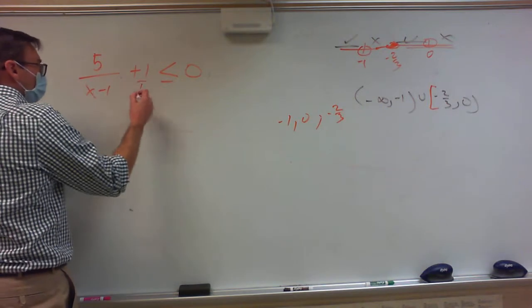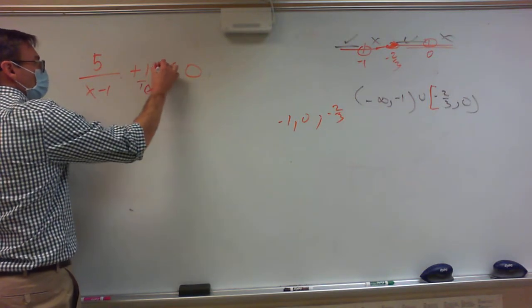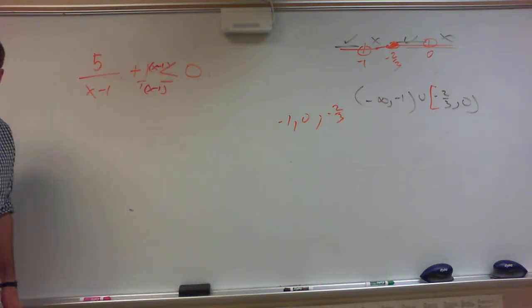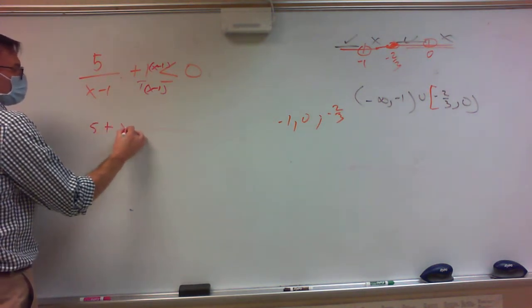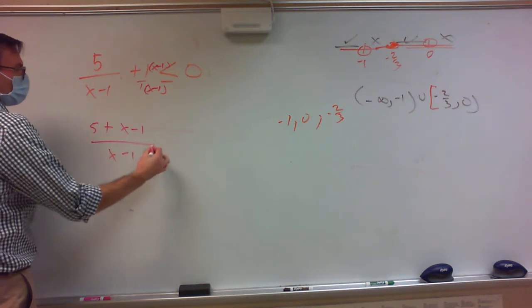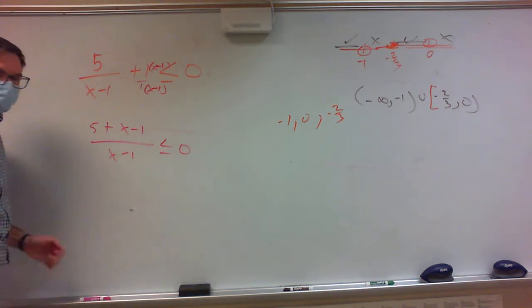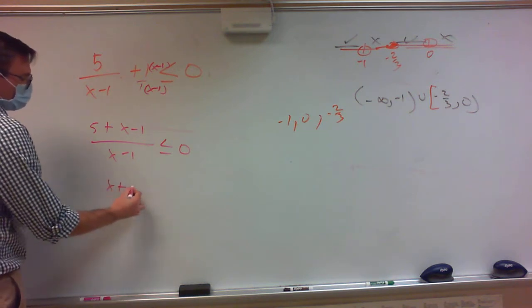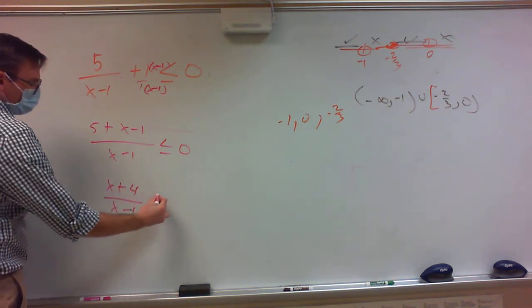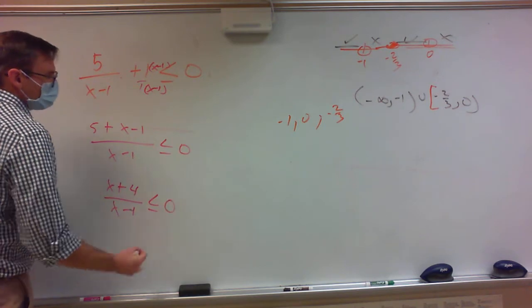Like this is over 1, so this needs an x minus 1, top and bottom, okay? And so that's going to give me 5 plus x minus 1 over x minus 1 is less than or equal to 0. All right, that's x plus 4 over x minus 1 less than or equal to 0.